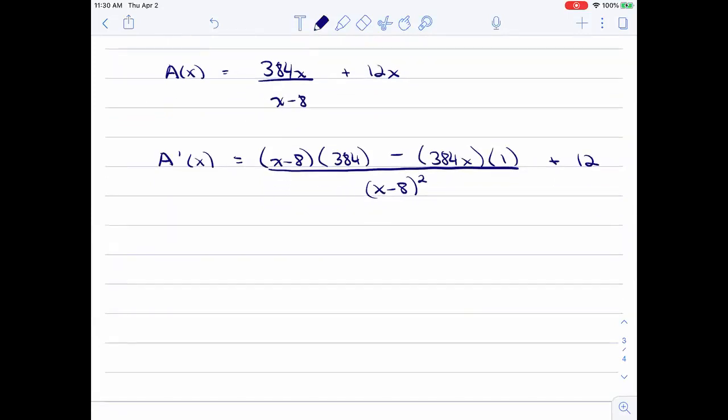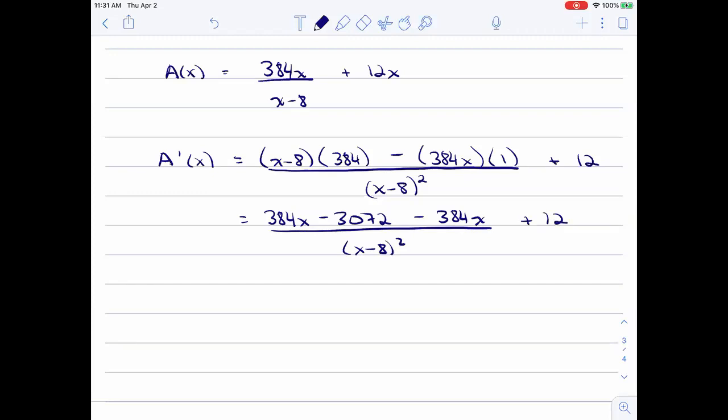We'll do a little bit of work to simplify this. We can make this look a little bit nicer. If I expand that x minus 8 out, I get 384x minus 384 times 8, which is 3072, minus 384x over x minus 8 squared, and then plus 12.